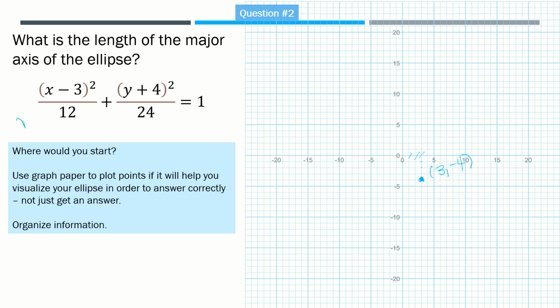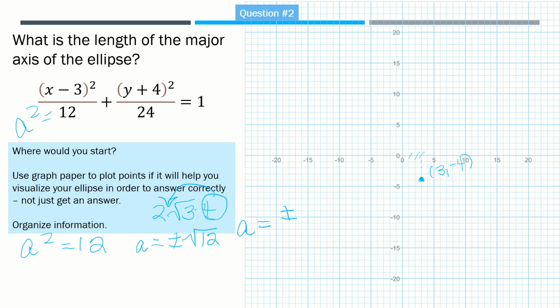So if we look at, again, a squared is equal to 12, and we solve for a, take the square root of both sides, a is equal to positive or negative square root of 12. We can simplify that because 12 is 3 times 4, and 4 is a perfect square. We can take that out from underneath the radical as 2, but that 3 needs to stay. So a is equal to positive or negative 2 square roots of 3.